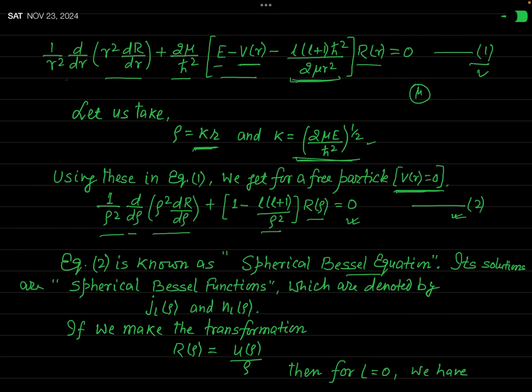The solutions of this equation are known as spherical Bessel functions, and these are denoted by the symbols small j_L of rho and n_L of rho. These are the two solutions of this differential equation defined in equation number 2, which is called a spherical Bessel equation.